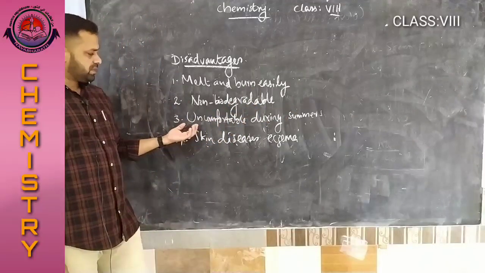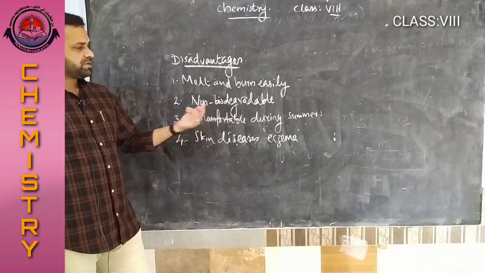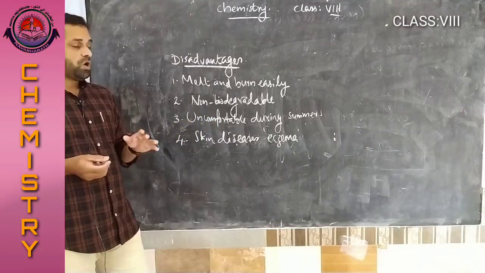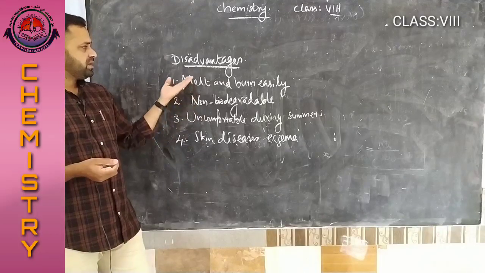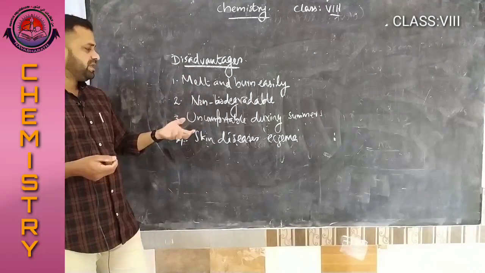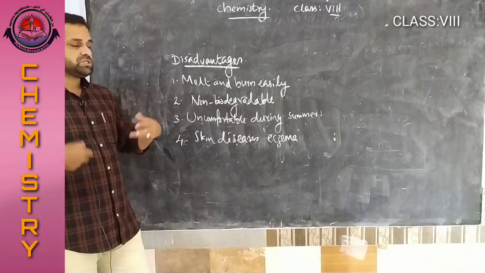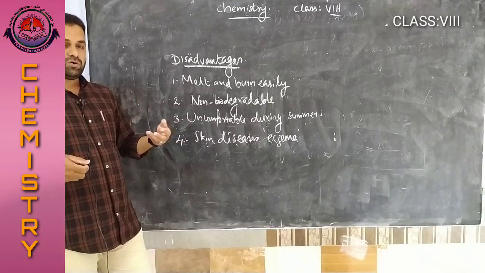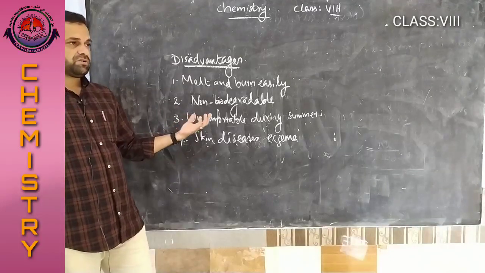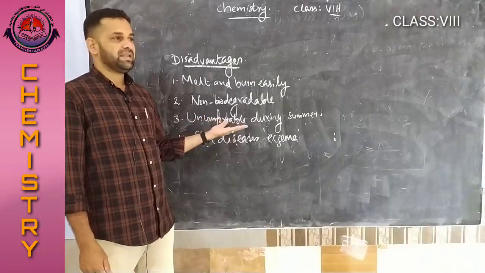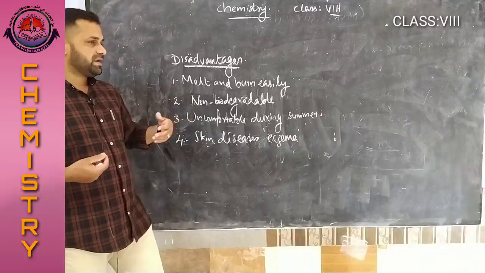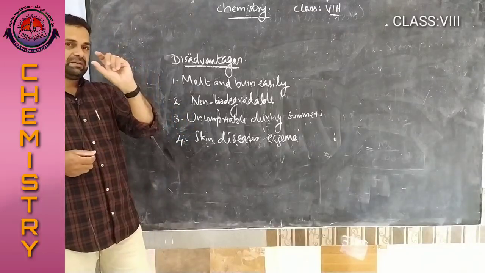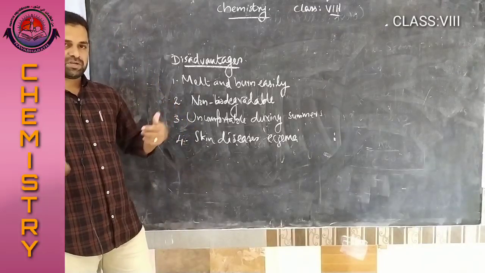And the other one, they are uncomfortable during summer days. During hot humid days, the person wearing synthetic fibers feels uncomfortable because there is no evaporation. If we are using natural fibers like linen or cotton clothes during summer days, since they contain many pores, evaporation will take place through those pores.